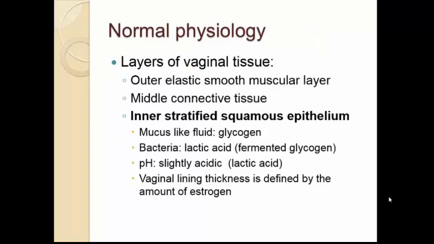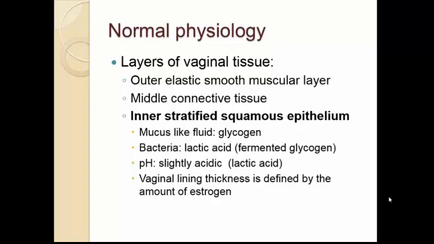The normal physiology of vaginal tissue is a vital aspect to understanding vaginal atrophy. There are layers that include the outer elastic smooth muscular layer, the middle connective tissue layer, but most important, the inner stratified squamous epithelium.